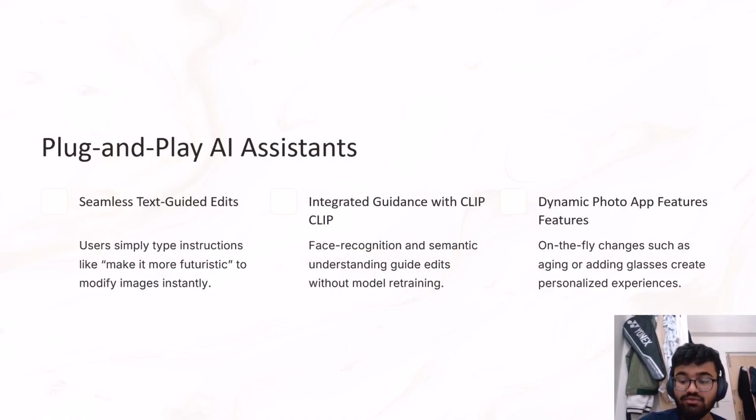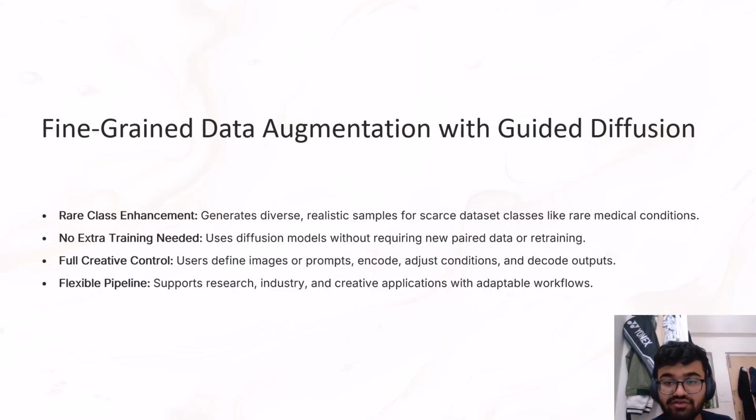Now moving on to the sixth one, fine-grained data augmentation with guided diffusion. So in machine learning, rare classes can starve a model of examples. Think of a specific tumor subtype in medical imaging. Cycle diffusion's guided diffusion can generate dozens of realistic, diverse examples for these underrepresented categories.